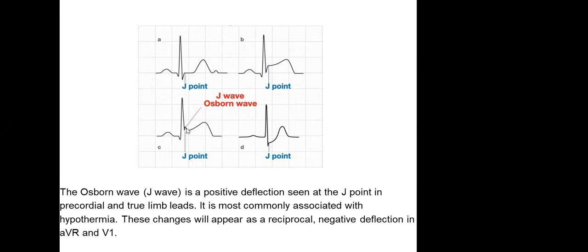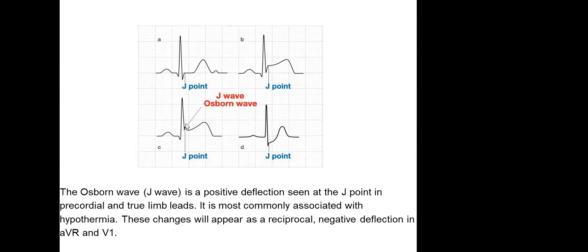It is most commonly associated with hypothermia, like we have seen in the previous slide. There will be a reciprocal negative deflection in AVR or V1, which are a limb lead and a chest lead looking at the right side of the body.